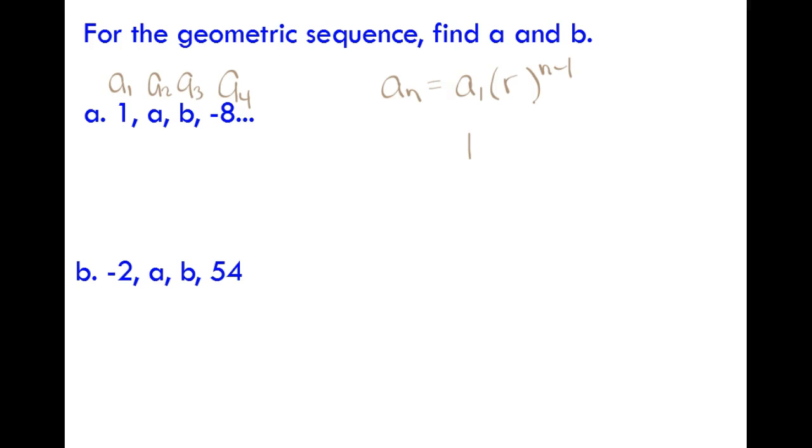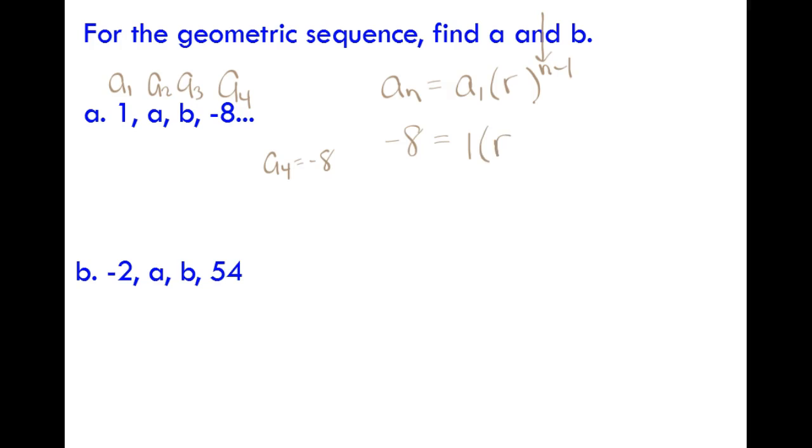So what I'm going to say is, since A4 equals -8, I'm going to replace this with -8. This is the nth term I'm looking for, and as long as I fill in n with what made it -8, which was a 4, then I'll get the rest of it.